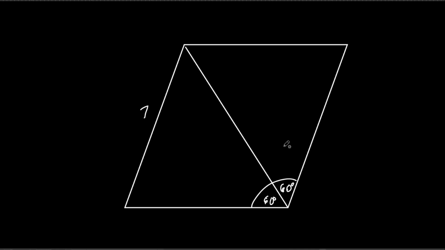So we said, if a diagonal bisects an angle of this parallelogram, then what kind of figure is this? We said at the beginning, if this is a rhombus, then the diagonal bisects the angles, right? So what if we go the other way? What if we say the angles are bisected?